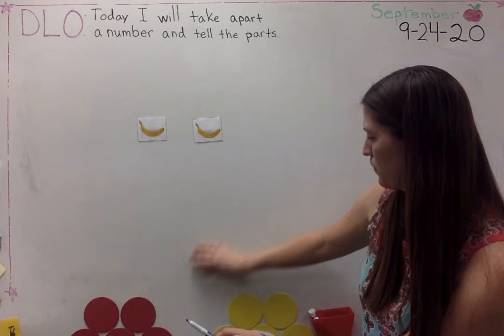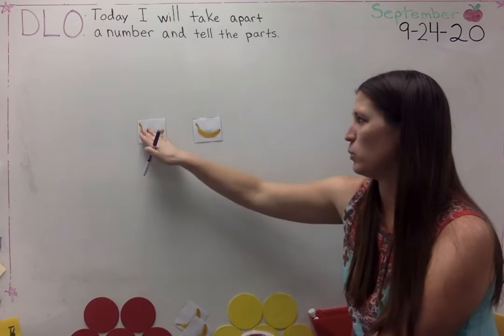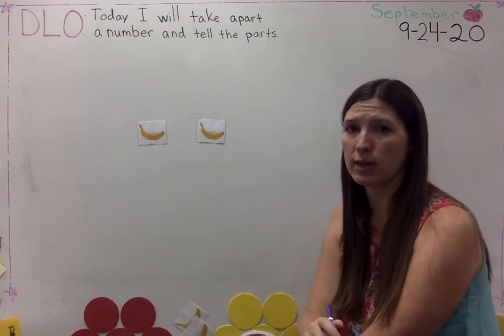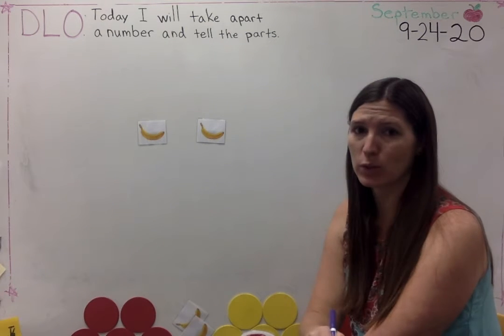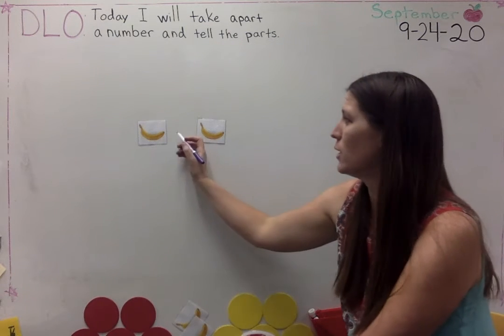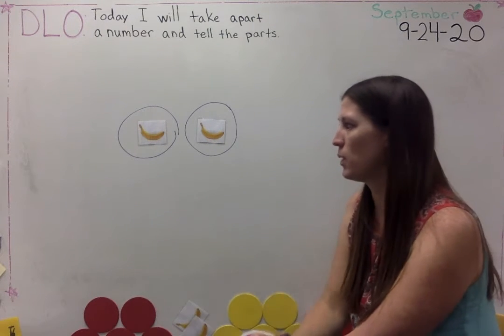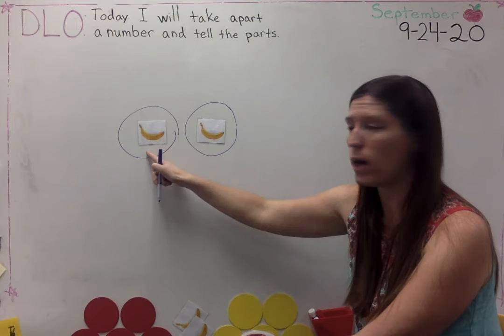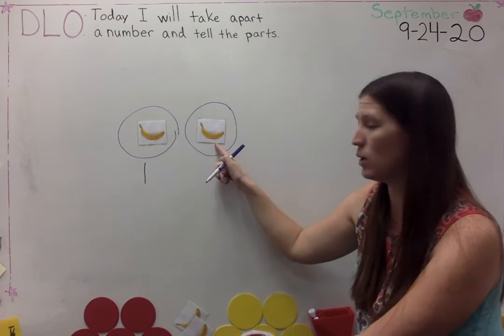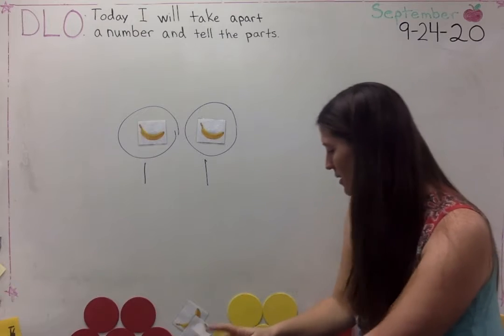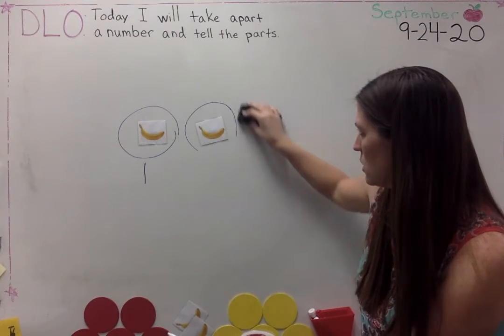Actually, I'll just do 2. I have 2 bananas. How can I break these 2 apart? How can I take them apart? Well, there's 2. I can split it right in half. I could put this in one group and this in another group. How many are in this group? 1. How many are in this group? 1. That's it. Let's add some more bananas into our group here.